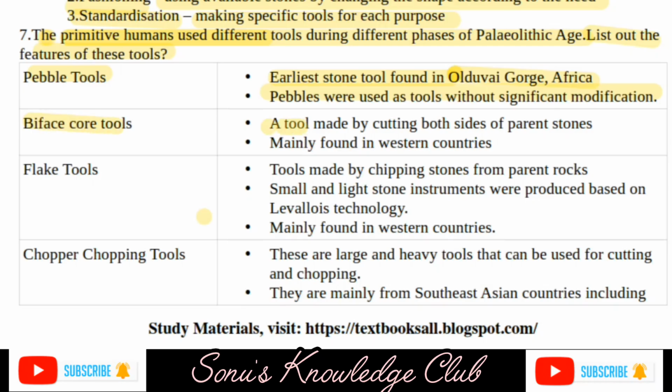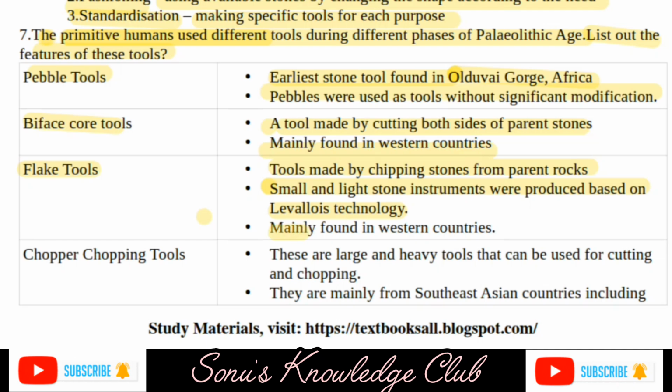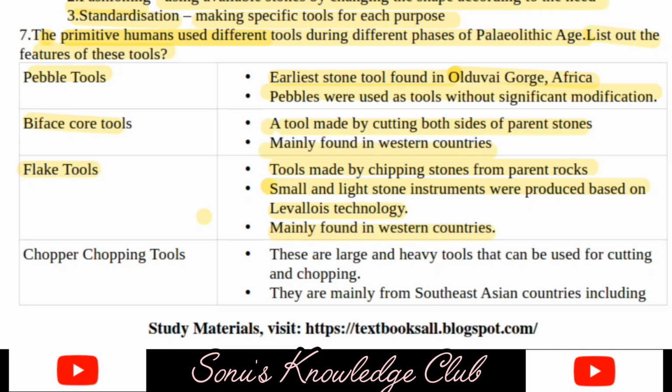Bifacial tools: tools made by cutting both sides of parent stones, mainly found in Western countries. Flake tools: tools made by chipping stones from parent rocks. Small and light stone instruments were produced based on Levallois technology, mainly found in Western countries.